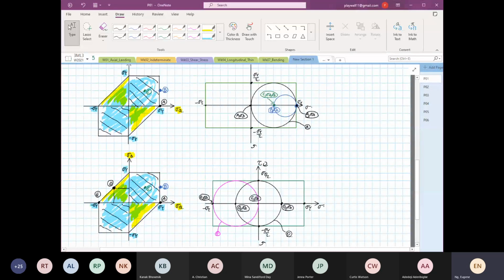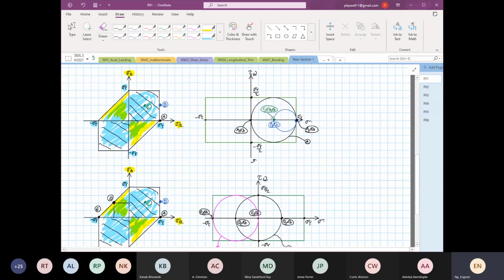If we were to look at the quadrants, this is our first, second, third, and fourth. The top most circle is more suited to the first and third quadrant.